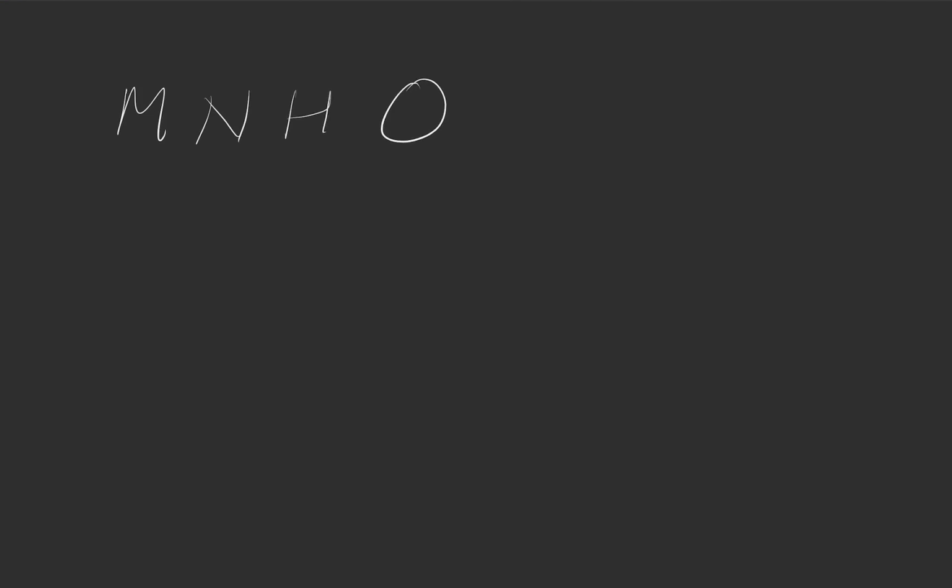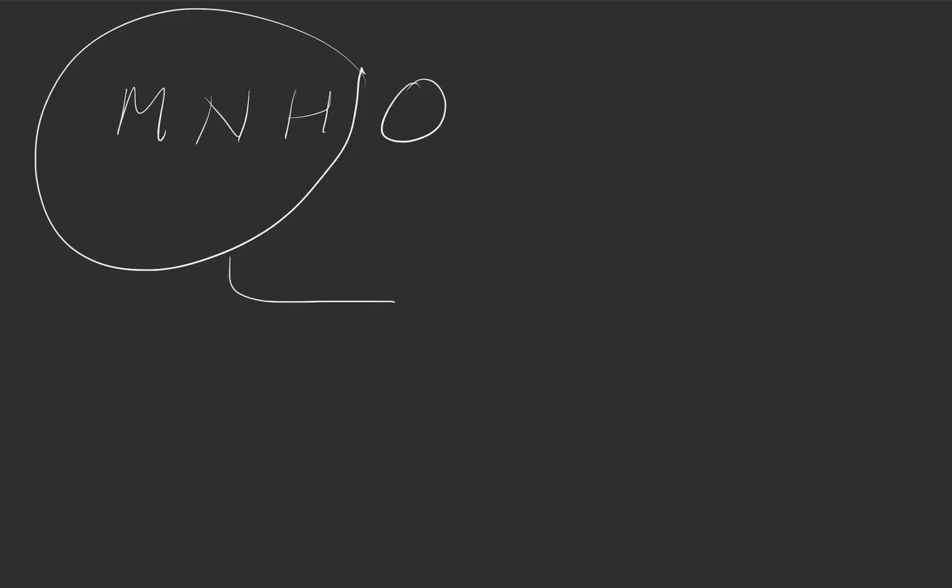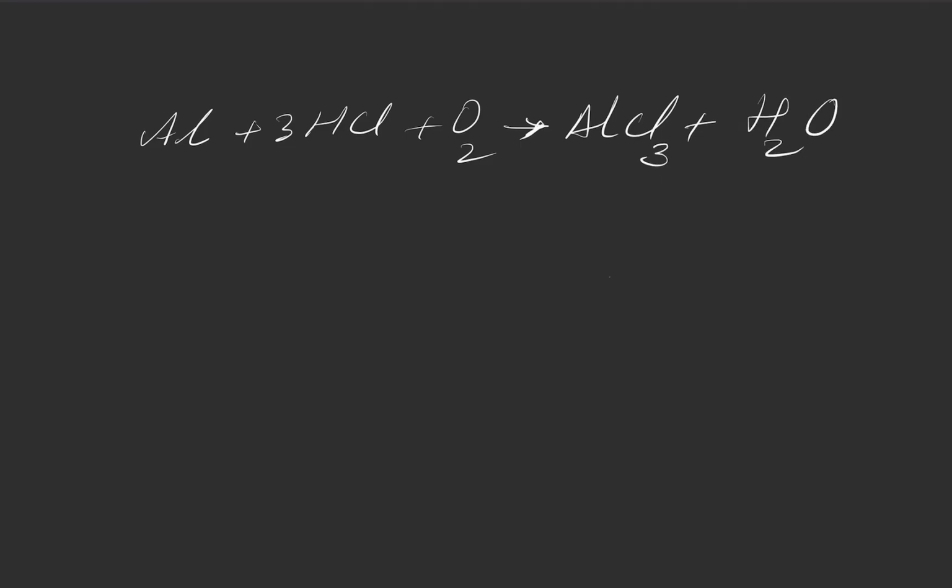MNHO. We have completed the story of MNH. That is done, finished. Now we are left with oxygen. Al plus 6HCl plus O2 gives AlCl3 plus H2O.